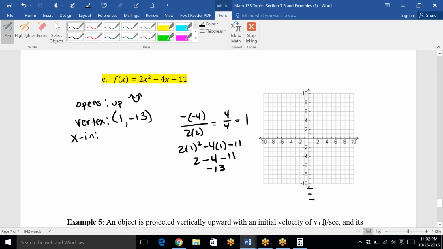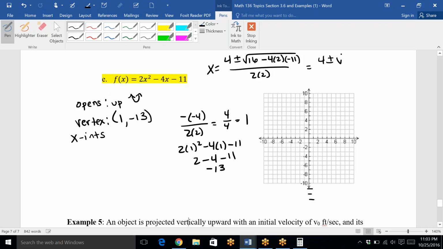The x-intercepts, let's see, does this factor? I don't believe so, but let's just do the quadratic formula because sometimes that's quicker. Negative b plus or minus the square root. Negative 4 squared would be 16, minus 4ac, all over 2a. That would be 8, and then negative 8 times negative 11 would be positive 88.